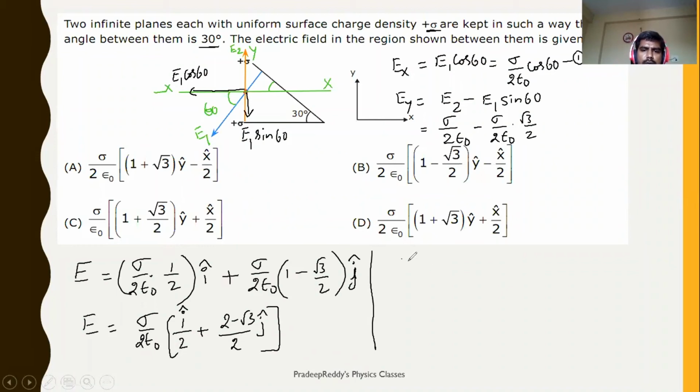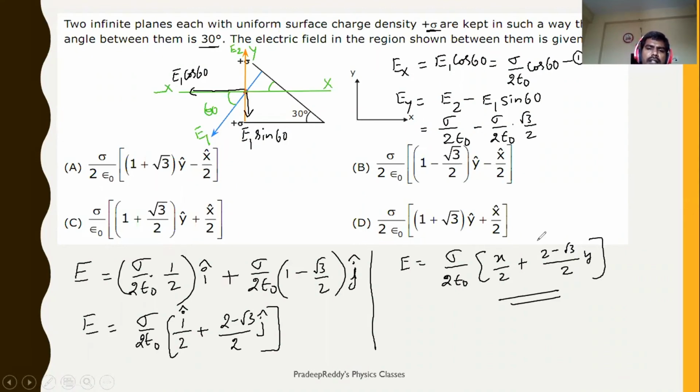So E will be equal to sigma divided by 2 epsilon naught into x divided by 2 plus 2 minus root 3 divided by 2 into y. This will be the final answer which you can tally from those options. This is the electric field in between these two plates.